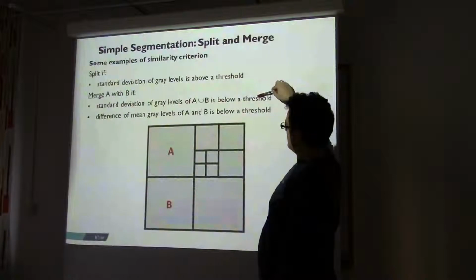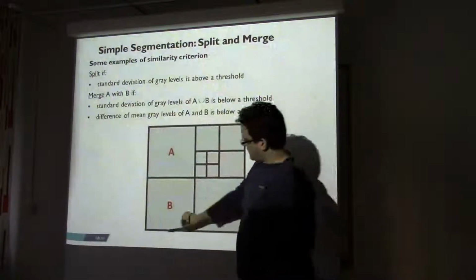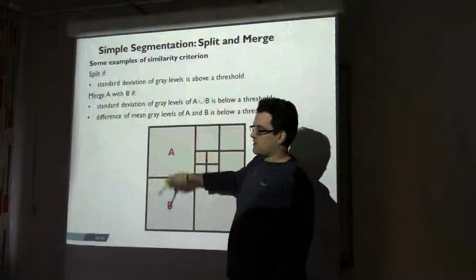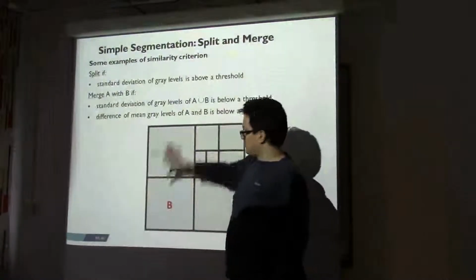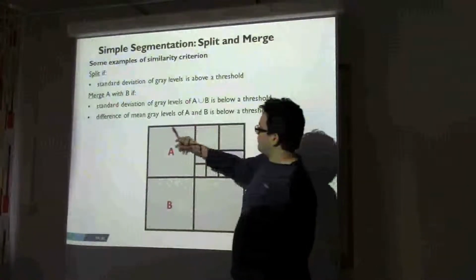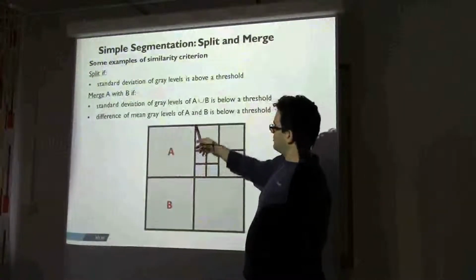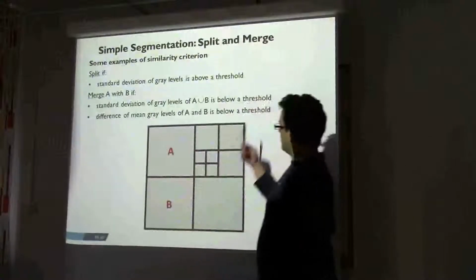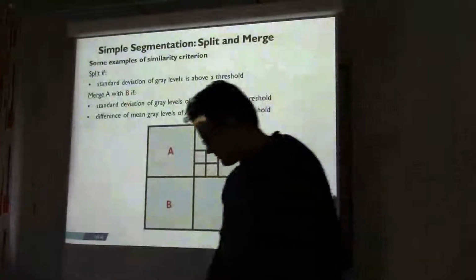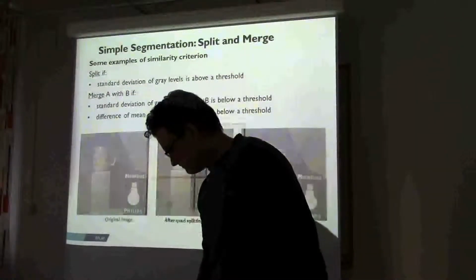One is if the standard deviation of the union of these two regions is below a threshold, you say, okay, these together are quite homogeneous, so let's merge. Or if the mean gray value of this region here and here are not so different, you also can merge these two regions.